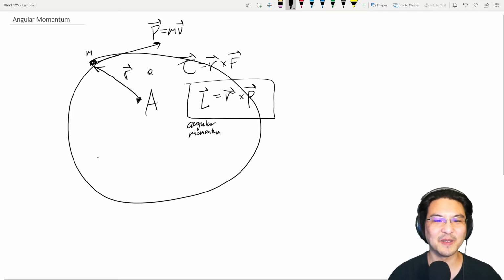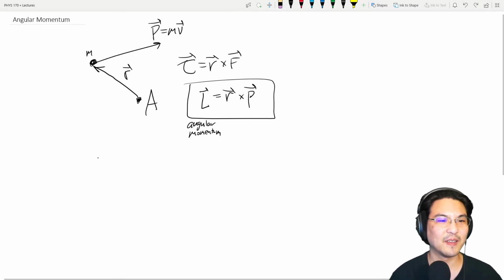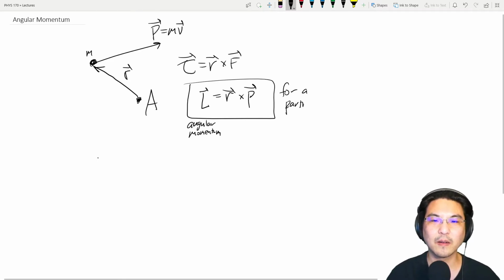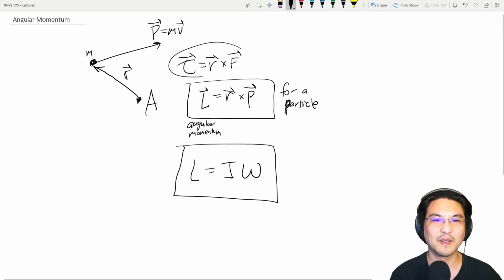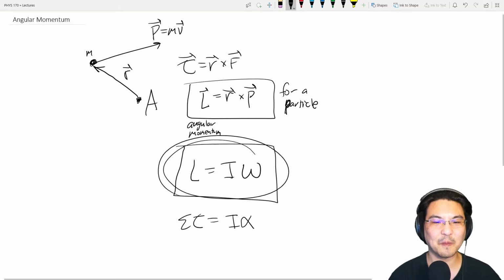So this is for a particle. And then for a rigid body, it would be I omega. It's the same proof that we did with torque. If you add them all up, it's I alpha. So just like that.